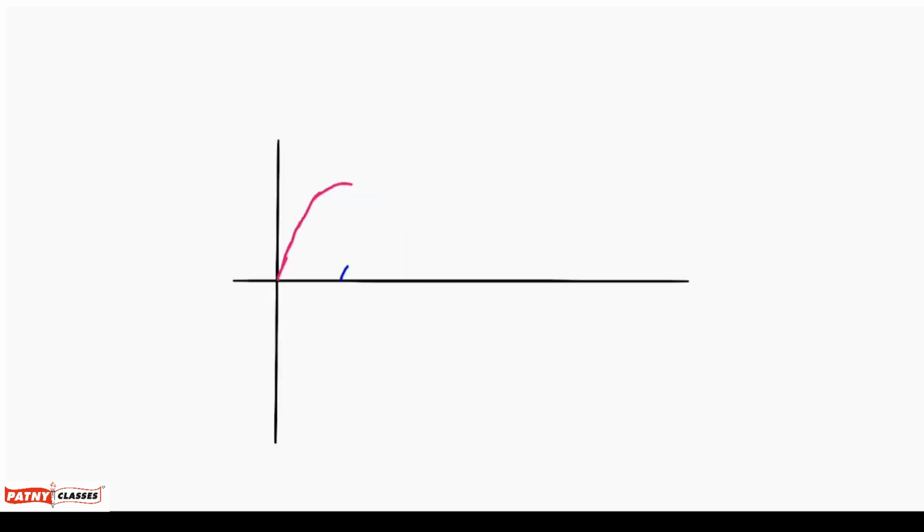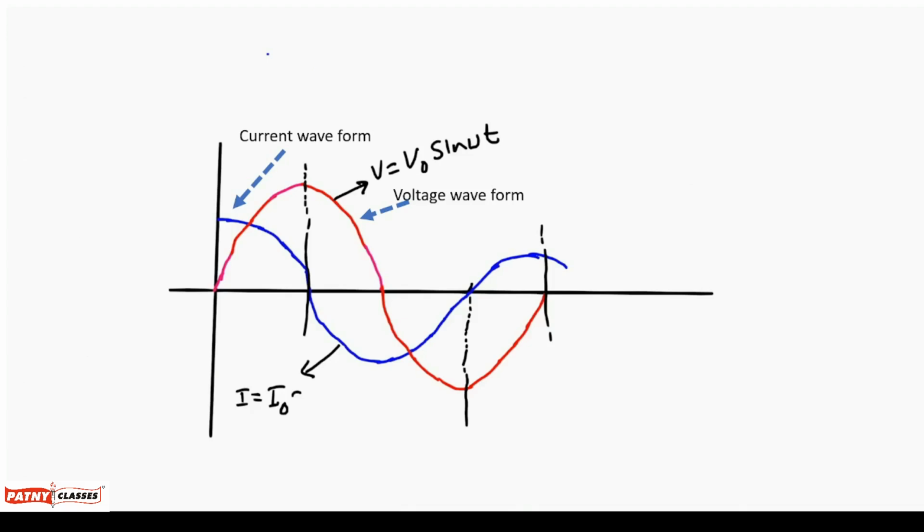Let us see the same waveform once again in slow motion. Here we have voltage waveform and current waveform.